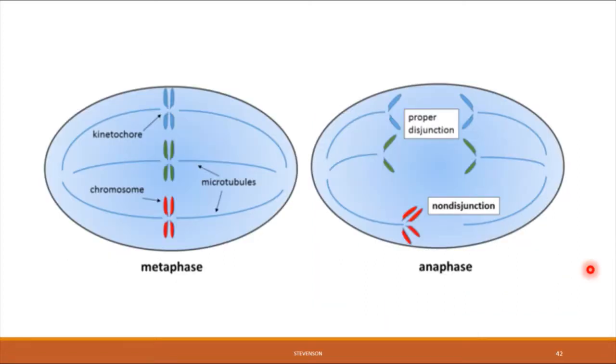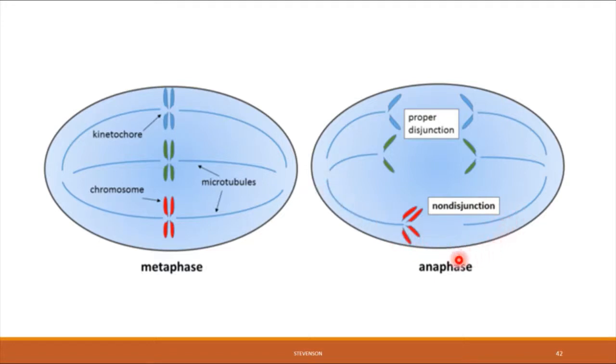Here's what non-disjunction really looks like. When the chromosomes are lined up in metaphase, and preparing to separate, you expect that half would go in one direction and half would go in the other direction. But non-disjunction is where that doesn't happen, and instead, the whole thing gets dragged to one side or the other.